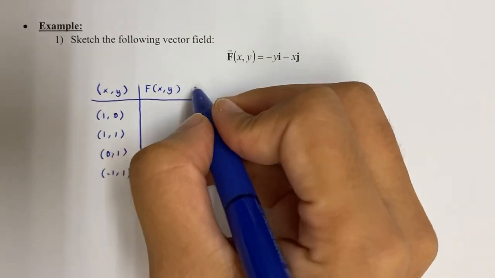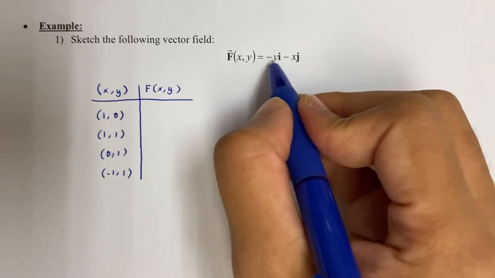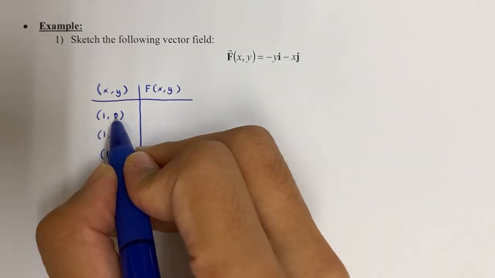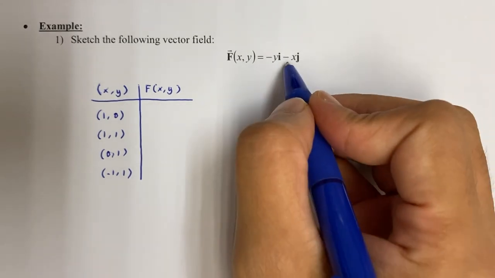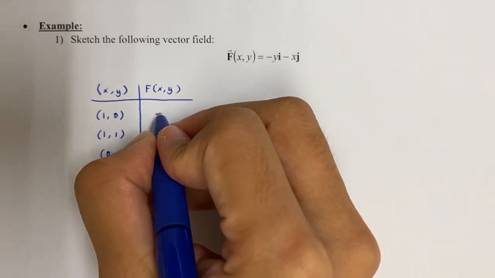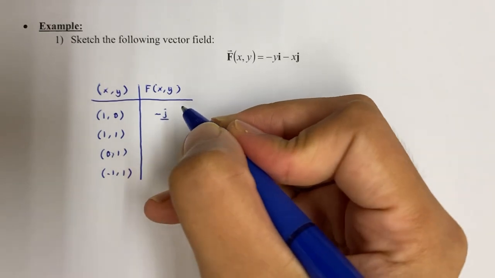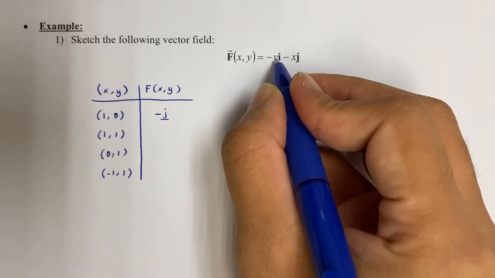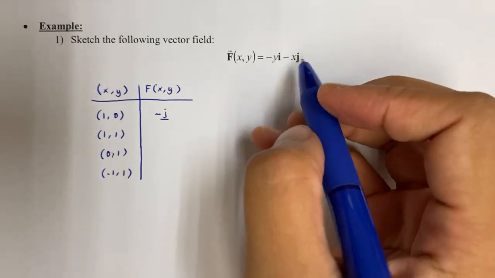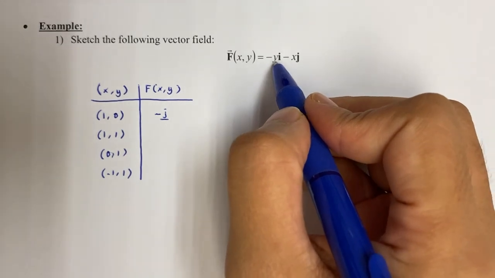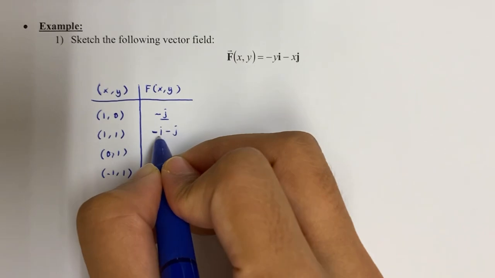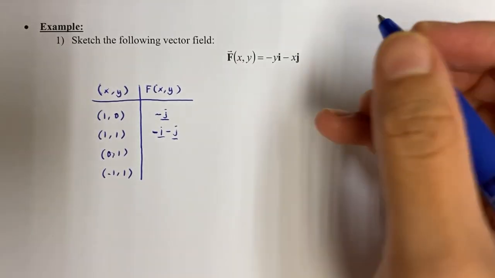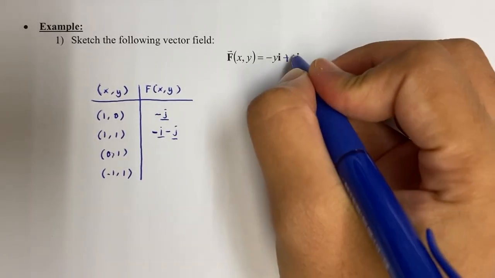So substitute into this F(x, y). So minus y, our y here is 0, so we don't have i. And then minus x j, so we have minus j. For (1, 1), substitute x equal to 1, y equal to 1, so you have minus i minus j.